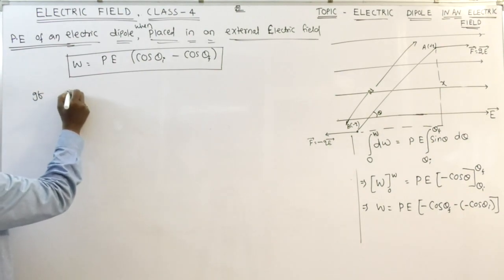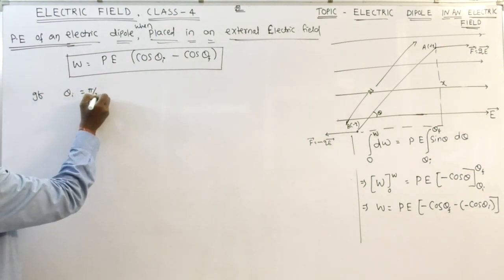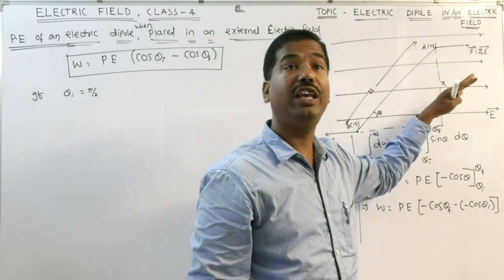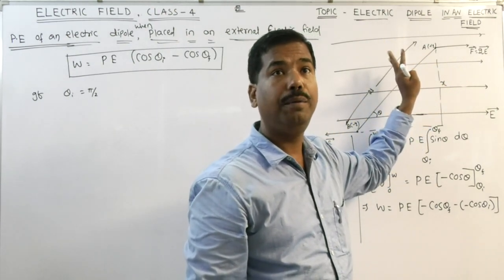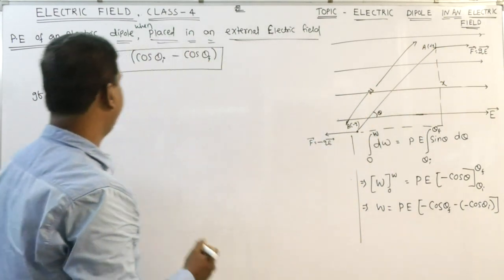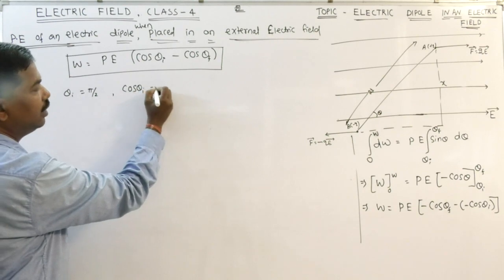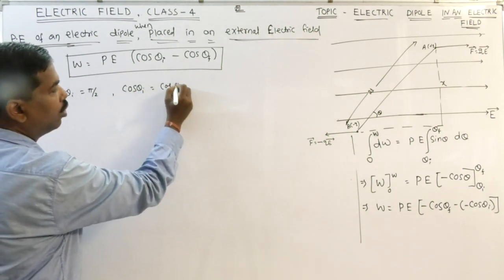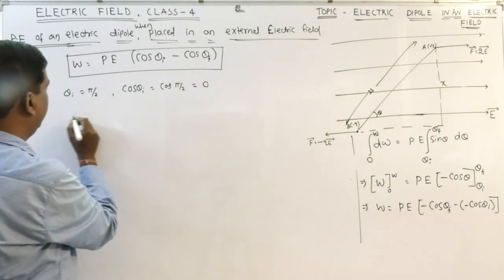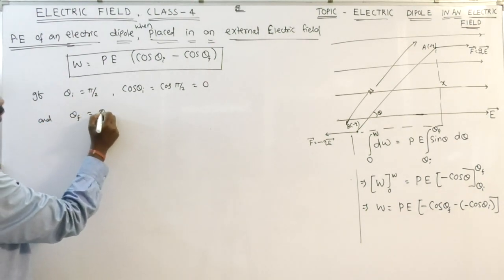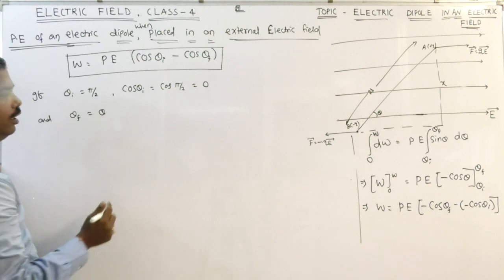If theta I is equal to pi by 2, it means the dipole is initially perpendicular to the electric field, then cos theta I is equal to cos pi by 2, which is 0, and theta F will be theta, that is the final angle.